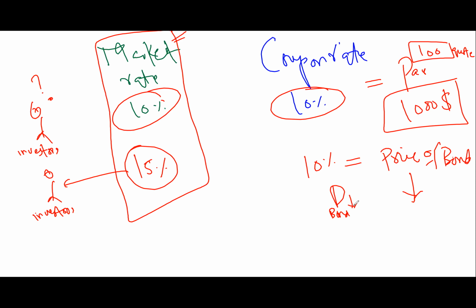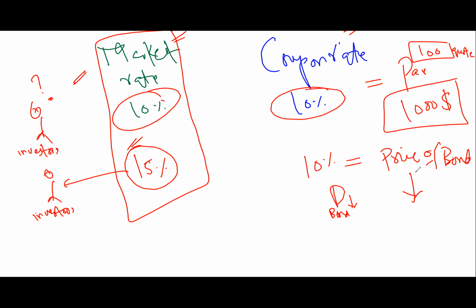So in the stock exchange, prices are determined by the forces of demand and supply, right? So people buy the security which gives them a higher return. They don't want to buy the security which pays them a lower return. So they sell, or new investors don't want to buy the company's bond, or those who already have the company's bond will sell it and buy the security which is giving them a higher interest rate.